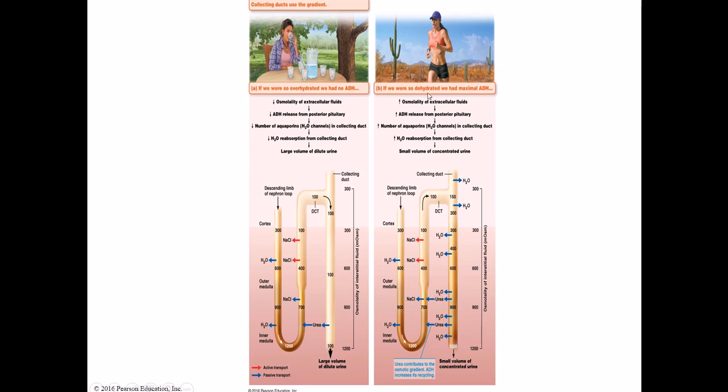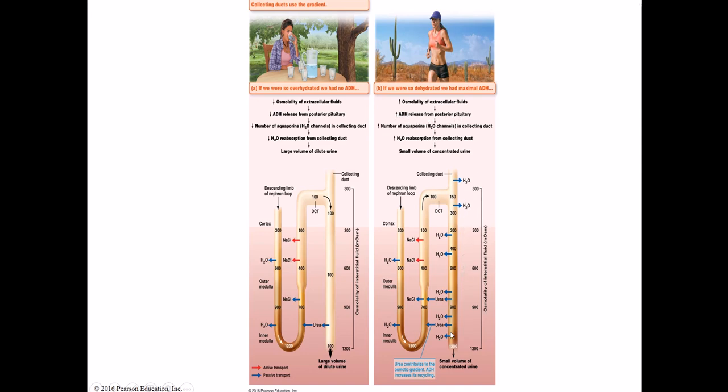Now, if you were outside in Georgia and you forgot to drink some water, then you're going to get dehydrated. That loss of body water increases the concentration of your body fluids. That results in ADH being released from the posterior pituitary.